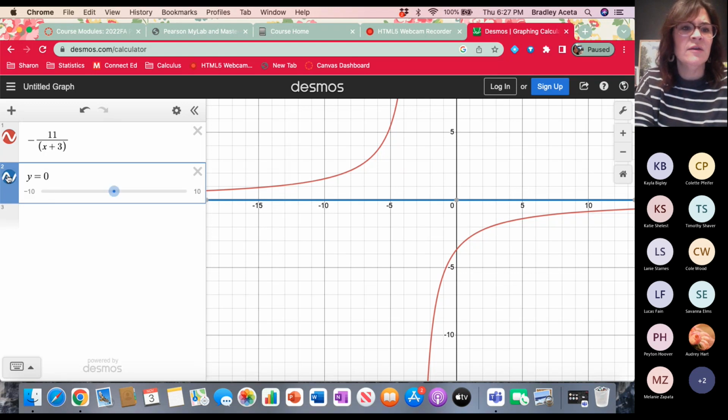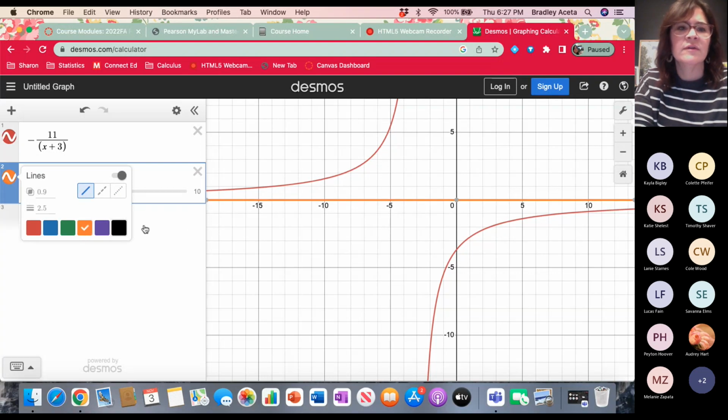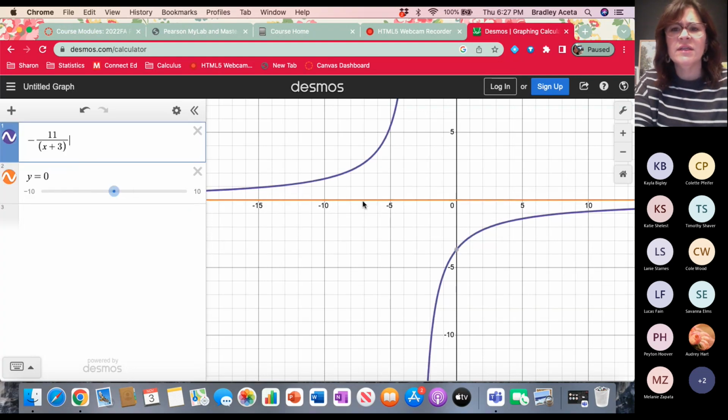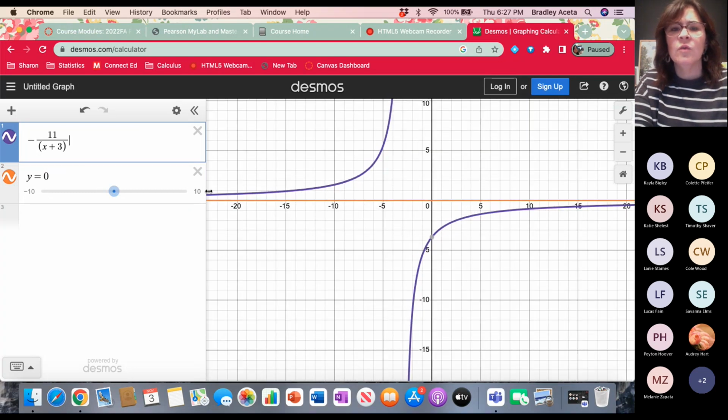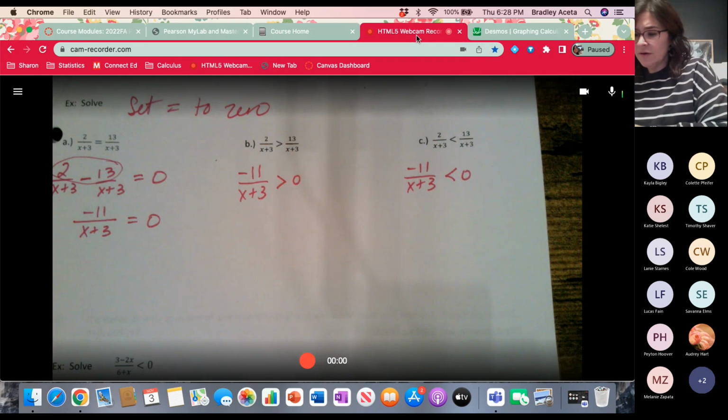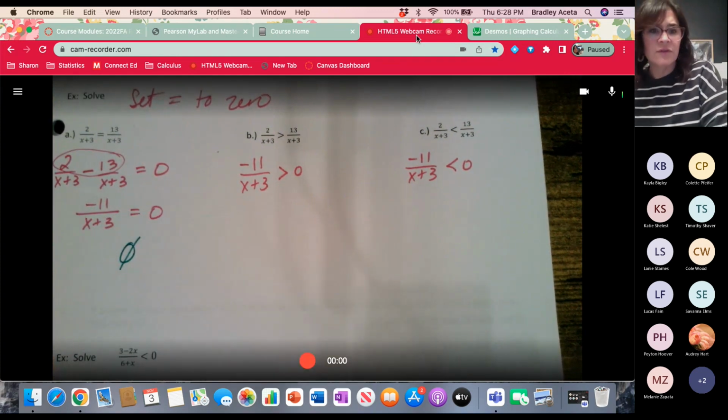I'll change it to orange, and make this purple. Okay, so I'm looking at this orange line. If it says equals, where would the purple intersect? Well, once again, that's an asymptote. It's not going to intersect the asymptote. So that right there is already my answer. Up here, it would be no solution for that one.